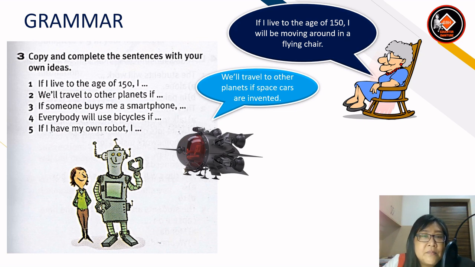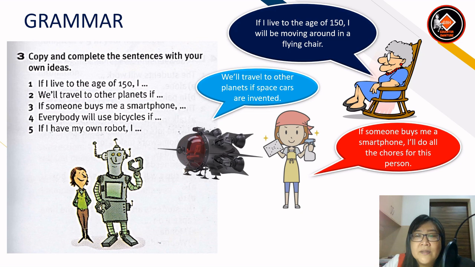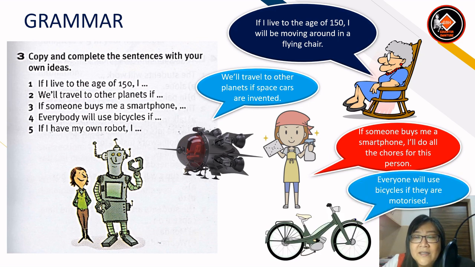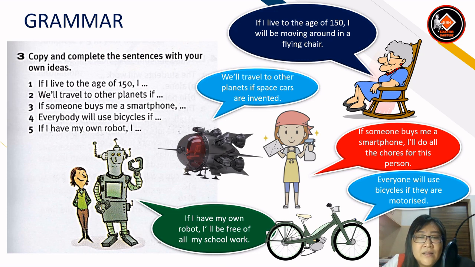Number three, if someone buys me a smartphone, I'll do all the chores for this person. Next, everyone or everybody will use bicycles if they are motorized. Okay, number five, if I have my own robot, okay, so answer will be I'll be free from all my school work.